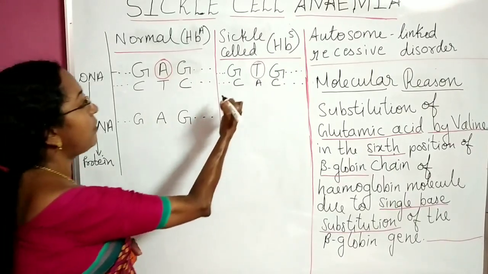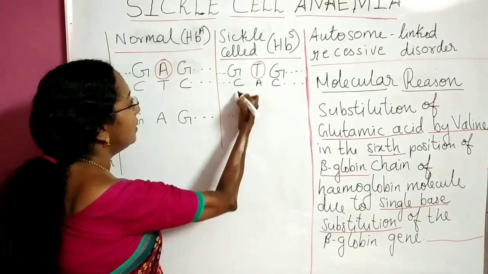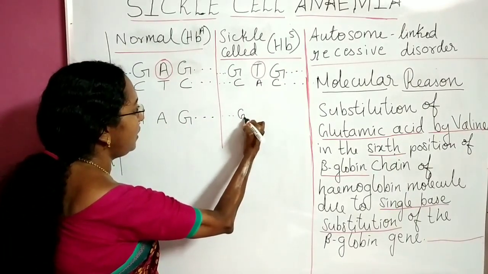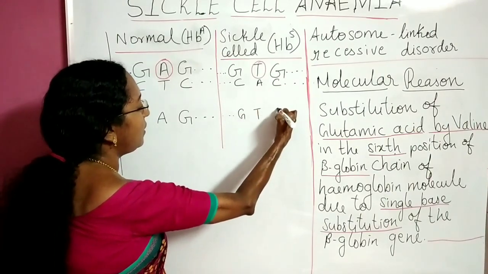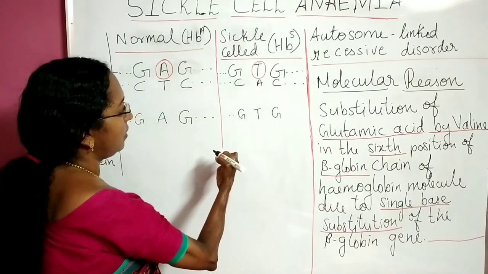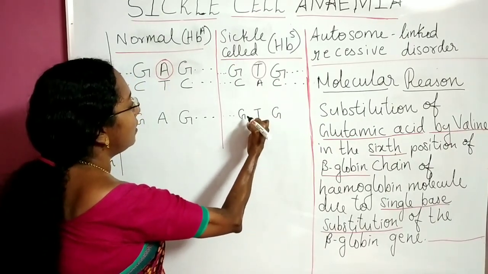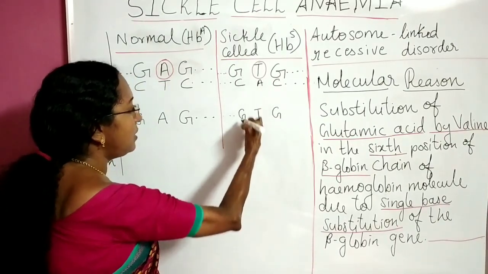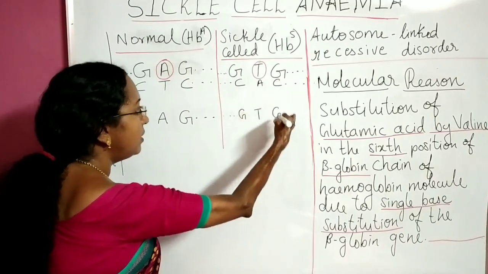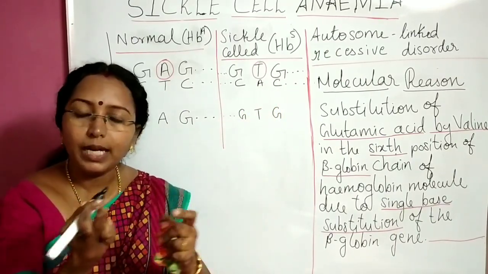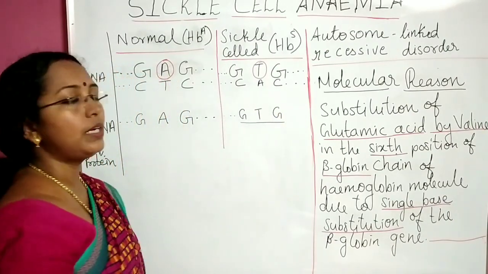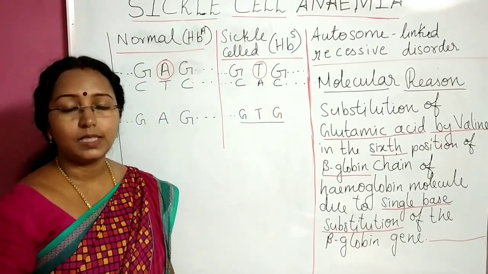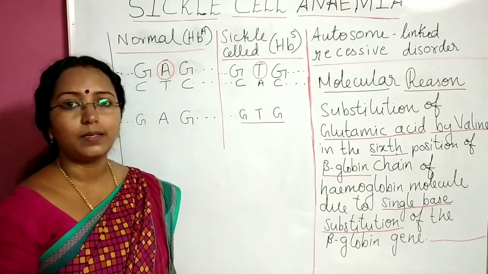In the same way I have to write the complement here also. C is pairing with G, A is pairing with T, C is pairing with G. G is pairing with C, GC is a base pair, AT is a base pair, GC is a base pair. That is the base pair rule we have learned. But here I have made a mistake in writing. Can you identify that?